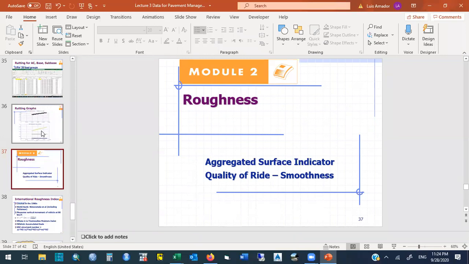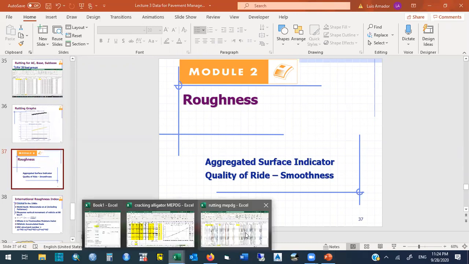Okay. So far we have seen the deflection basin area and the rutting and the cracking, right? And I want to recap here one thing. We can know when we need to do things just based on those three.